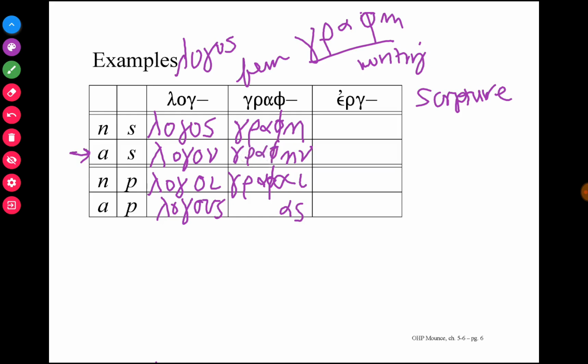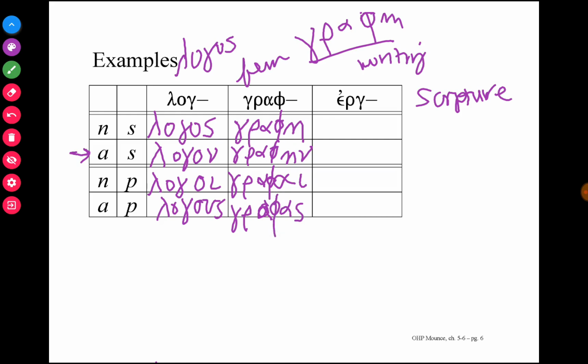I love graphane, I love scripture. And now if I want to say I'm reading the scriptures, plural, as a direct object, then I would say I am reading graphos, because that is the plural form.